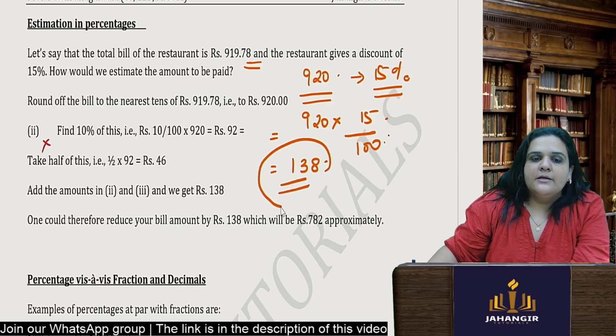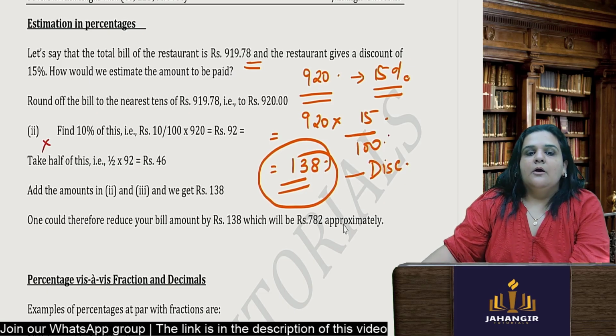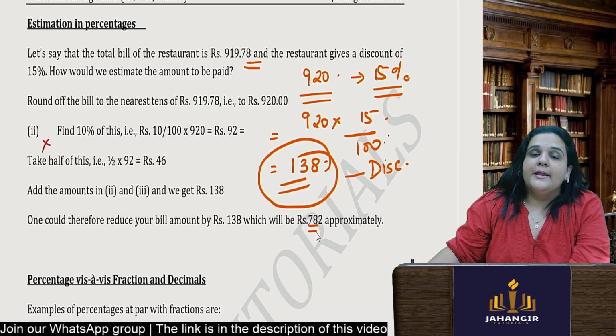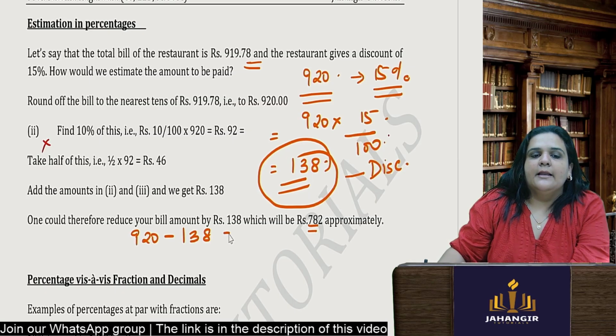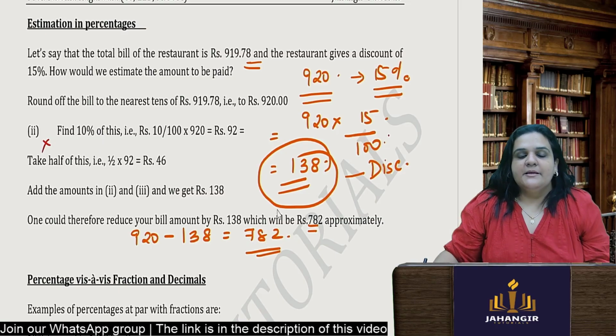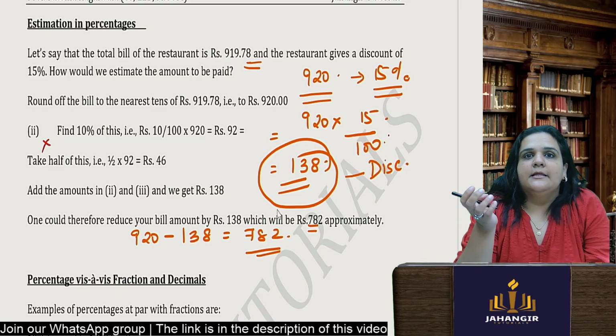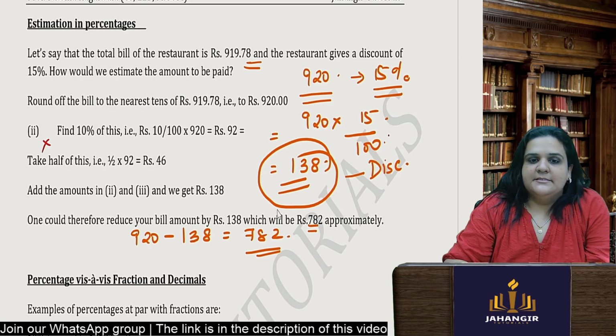So this will be your discount amount. If I'm getting this as the discount amount, how much am I going to pay now? From 920, I will subtract this discount and I'm going to pay 782 to the restaurant. So basically this 782 is after deducting that 15%.